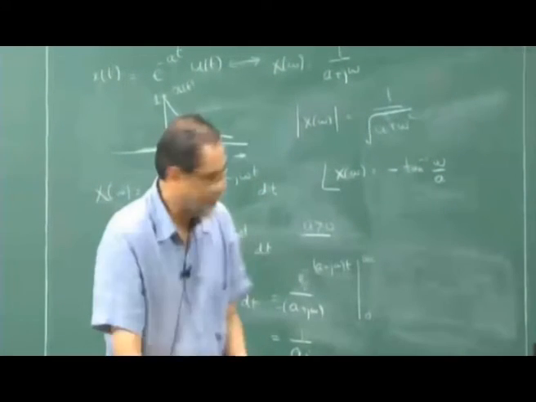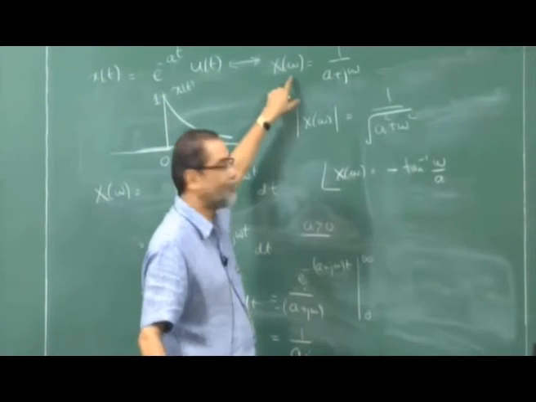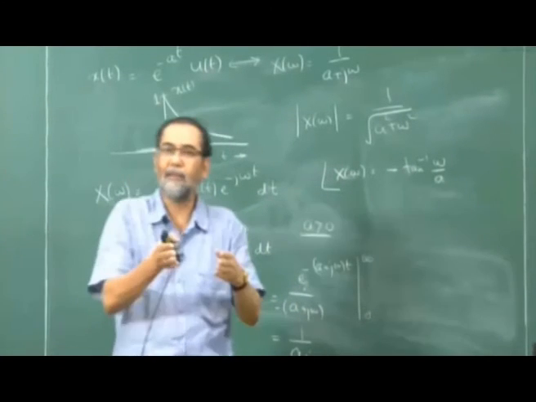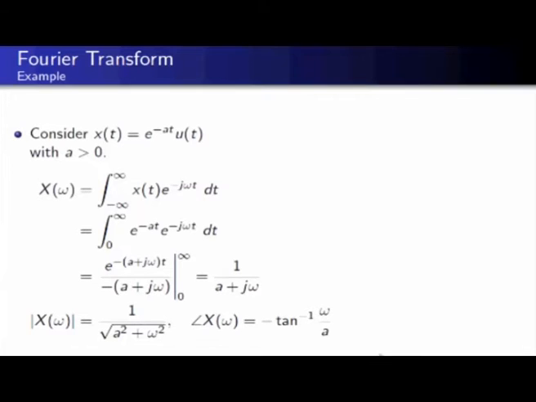Okay, so I now sketch the magnitude and phase of the Fourier transform by varying omega in both the directions, from 0 to infinity, 0 to minus infinity, right. So I'm sketching here the magnitude, which is under root 1 by a square plus omega square, and the phase, which is minus tan inverse omega by a. So let me sketch them here.